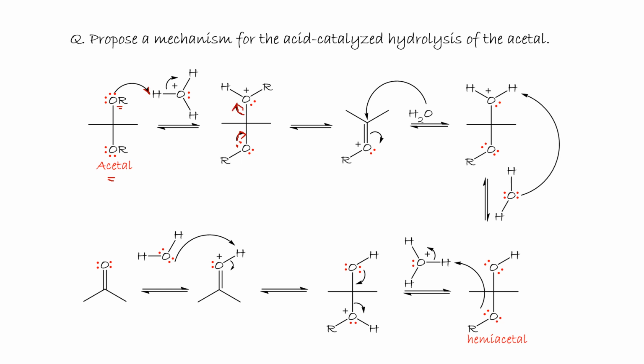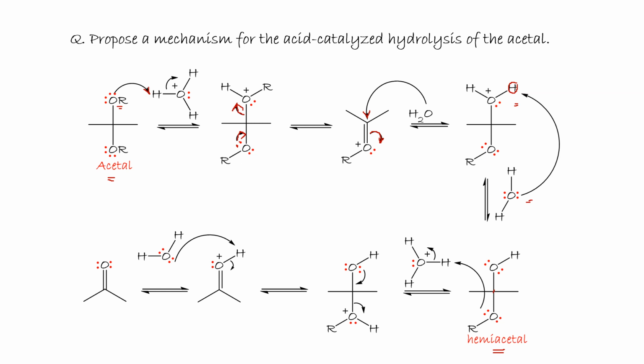Then another water molecule will get in as a nucleophile, add to the C double bond O plus R, forming this oxonium ion. This proton will be transferred to a molecule of water, giving the hemiacetal intermediate.